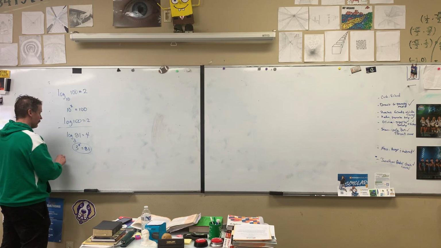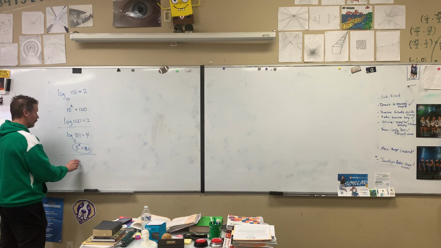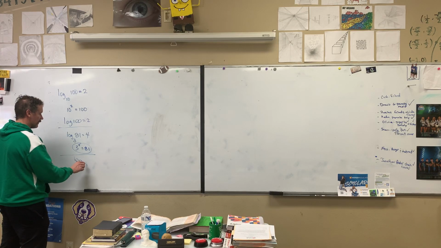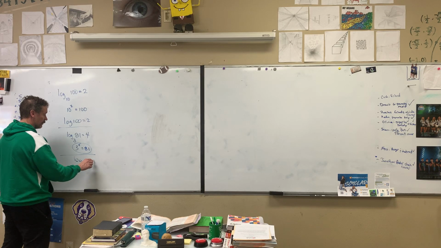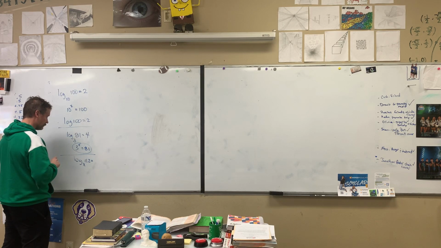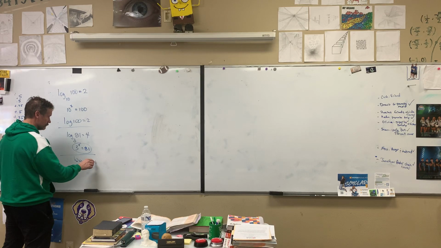Now, if we had one with a variable, log base x of 11.2 is equal to 9, it doesn't matter what the number is over here because we have a variable.